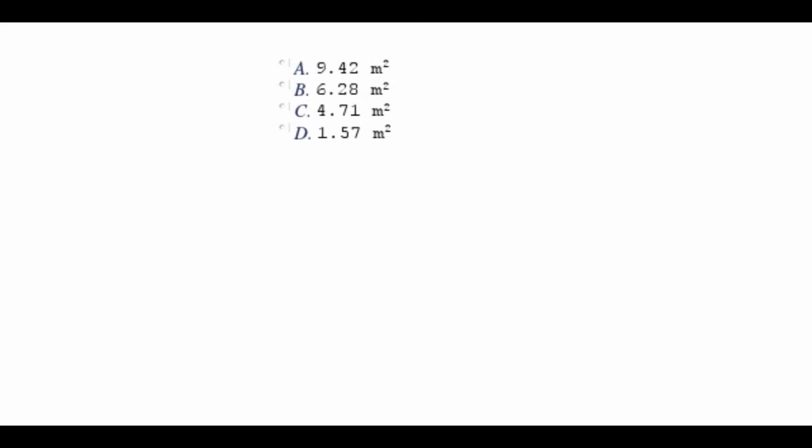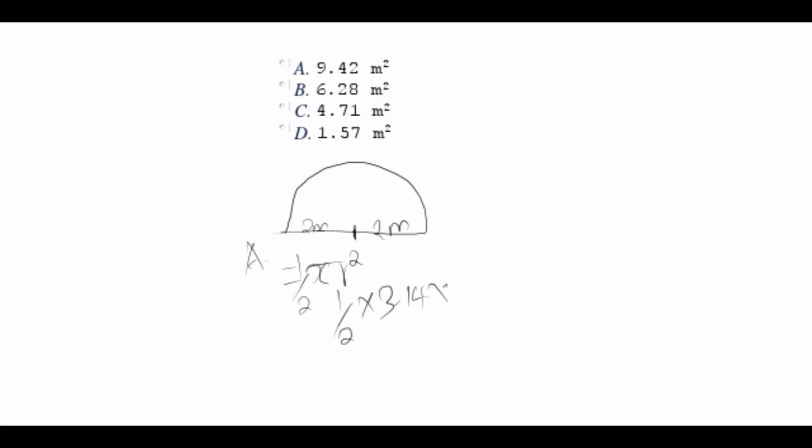This is 2 meters. So the area of the semicircle is given by pi r squared. Since it's a semicircle, we have a half pi r squared, and our pi we are given to be 3.14. So area is equal to a half times 3.14 multiplied by 2 times 2, that is 2 squared.